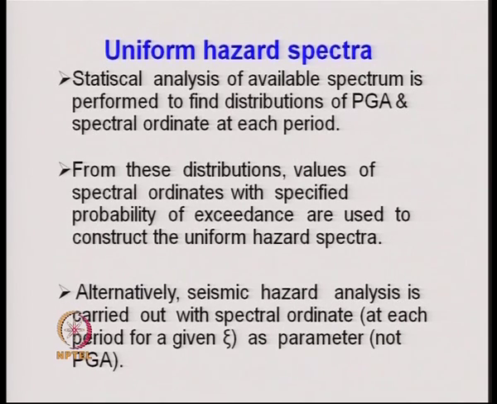Alternatively, one can obtain a seismic hazard analysis which can be carried out for spectral ordinates. We have explained the calculation of the seismic hazard curve for the peak ground acceleration. So, the same concept can be extended for the spectral ordinates at each time period for a given value of xi.